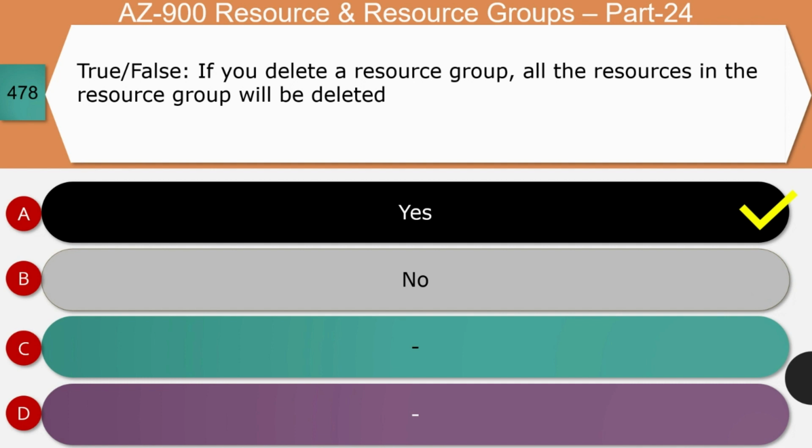For example, if you have a virtual machine, it has several components like VM, virtual disk, network resources, and other interconnected resources. Deleting the resource group will make sure that all resources, including orphaned or zombie resources, are all deleted. So it is easy to maintain. And so the right option for this question is option A.